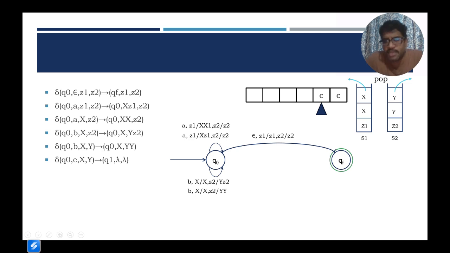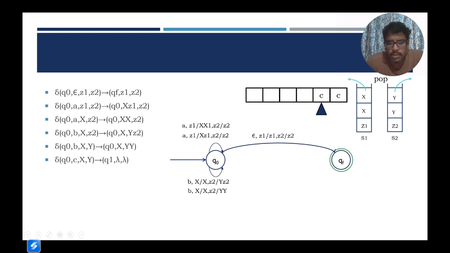So when c is read, we pop the stack 1 value and stack 2 value, and it goes to the next state, that is q1. The stack contains empty, that is epsilon, or we can represent it as lambda.